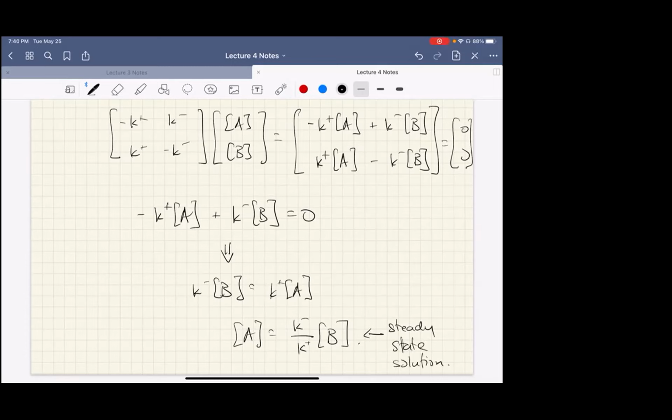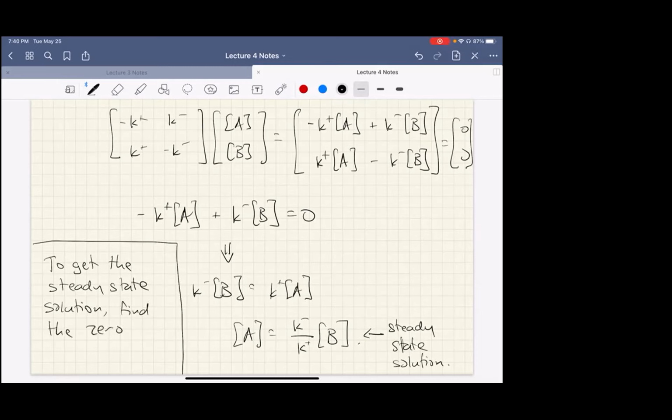And the take-home message is that to get the steady state solution, find the zero eigenvector. And again, you don't have to solve it this way. You can crank up your favorite solver and type the eigenvalue find command and just figure out which one is the zero eigenvalue, and then away you go. But that's how you do it.